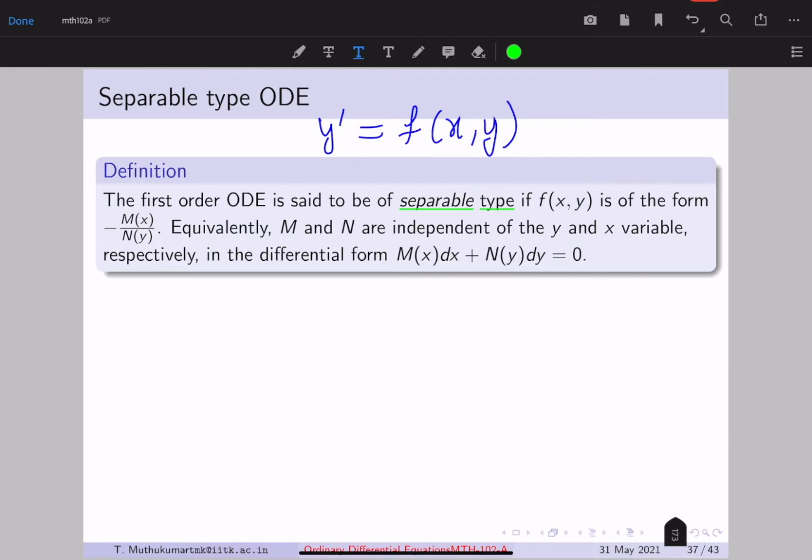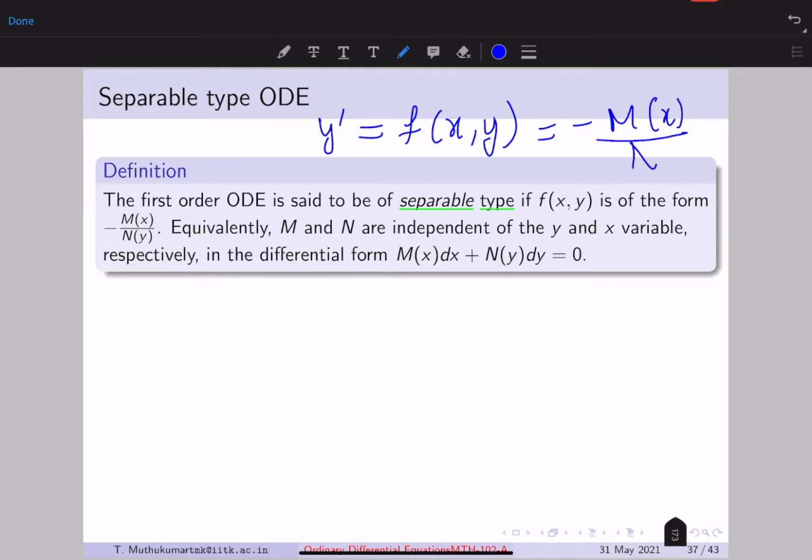So basically what we are saying is that f(x,y) is of the form of a function of x only in the numerator, and the denominator is a function of y only.